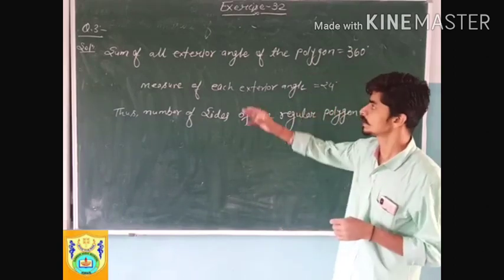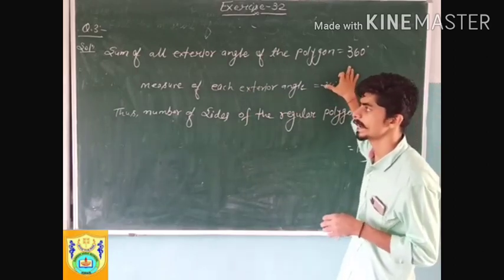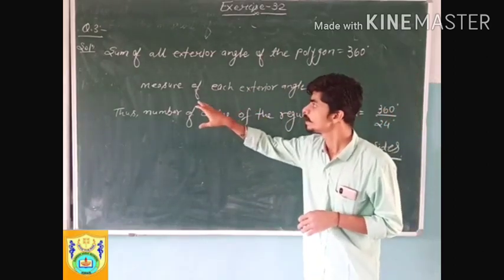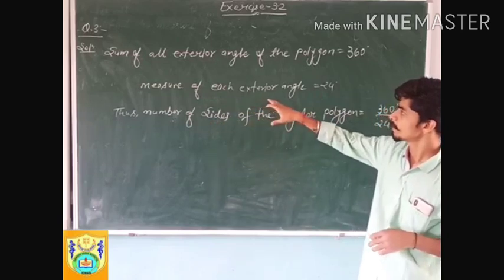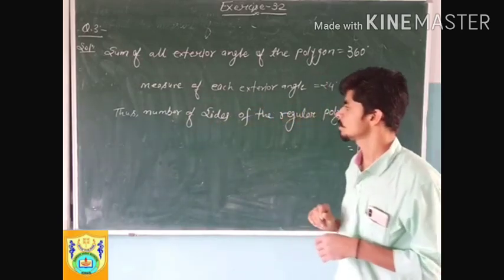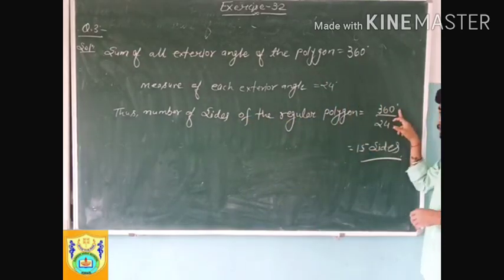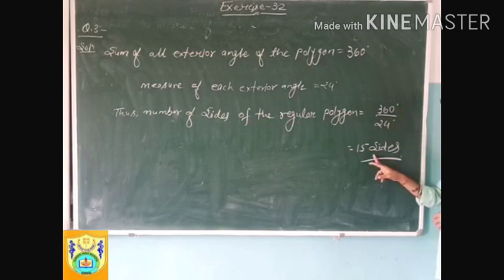As we know, the sum of all exterior angles of the polygon is equal to 360 degrees, and in this question the measurement of the exterior angle is 24 degrees. So the number of sides of the regular polygon is equal to 360 divided by 24, which is equal to 15 sides.